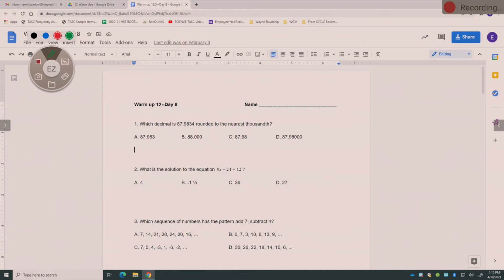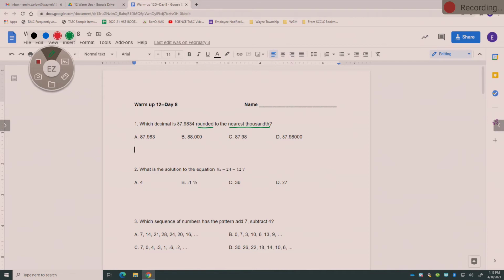So we're going to start with number 1. Which decimal is 87.9834 rounded to the nearest thousandth? So our keywords here are nearest thousandth and rounded.